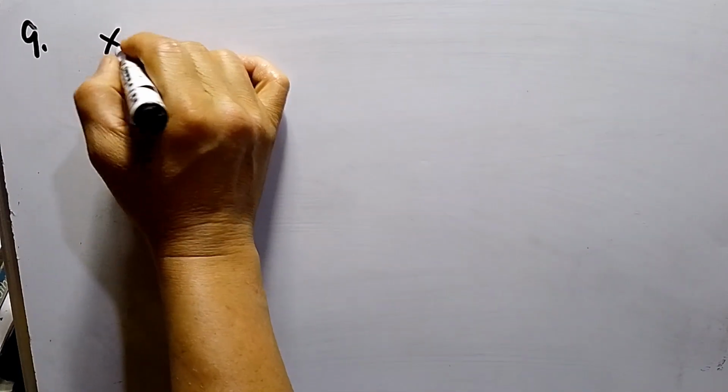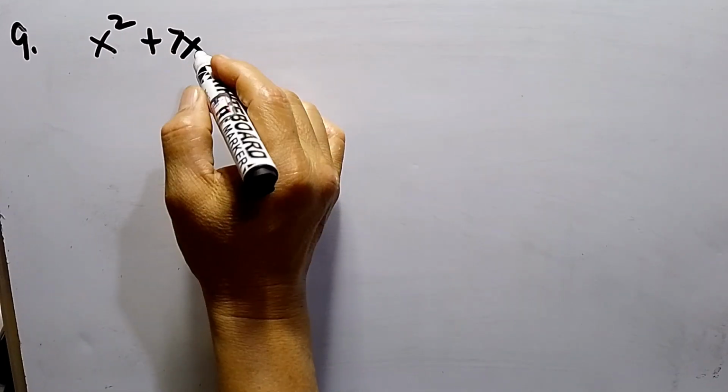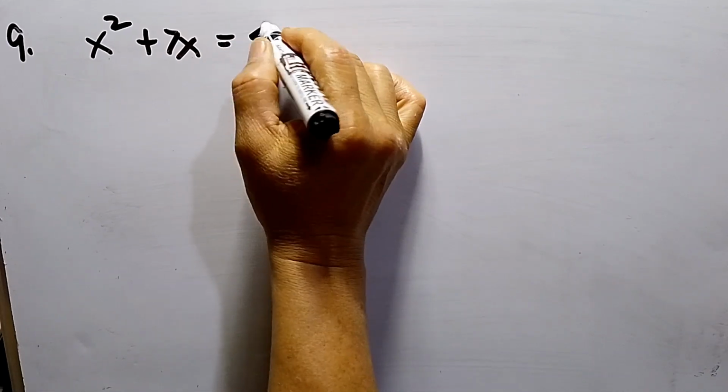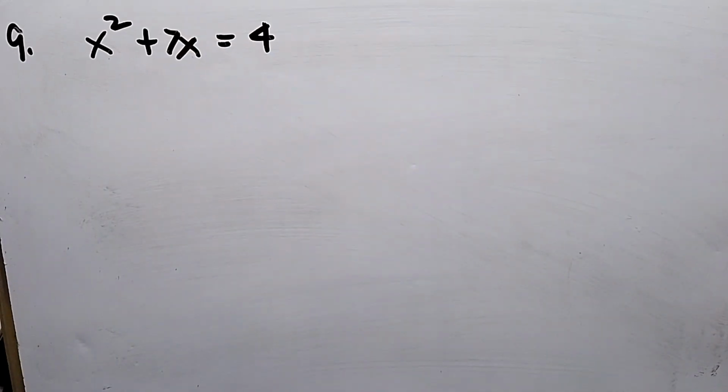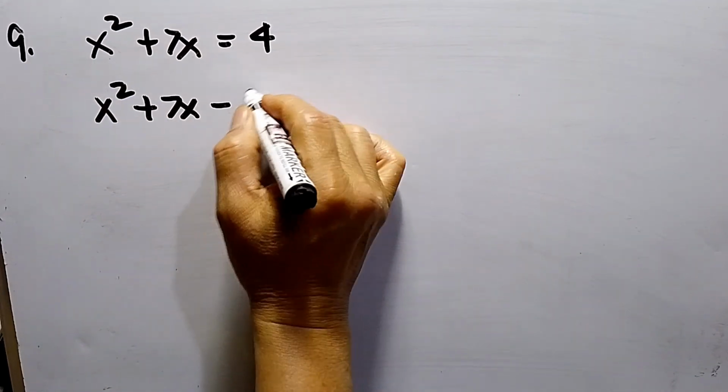Number 9 is x squared plus 7x is equal to 4. Okay, so I need to write it in the standard form of a quadratic equation. So this will be x squared plus 7x minus 4 is equal to 0.